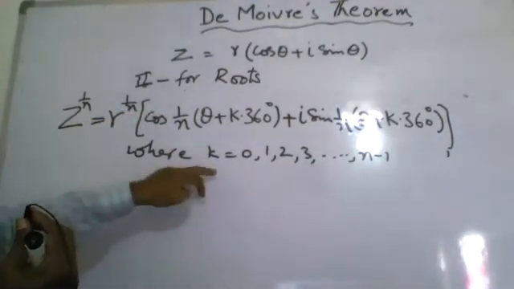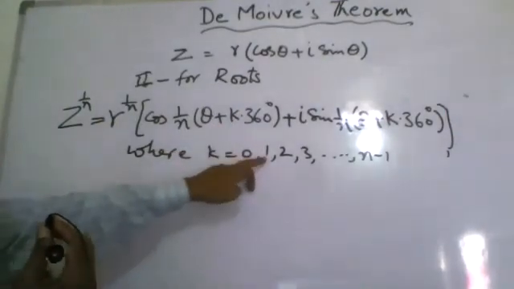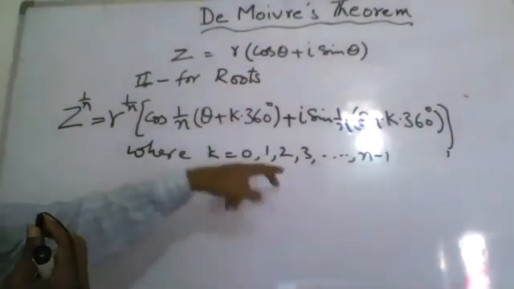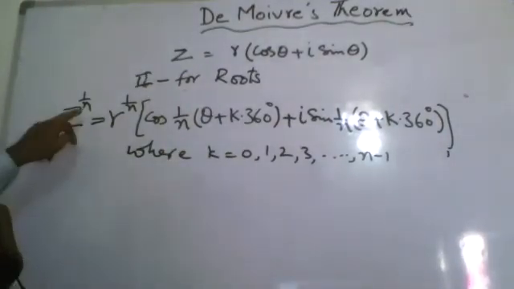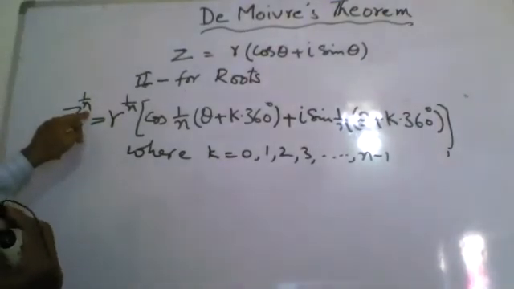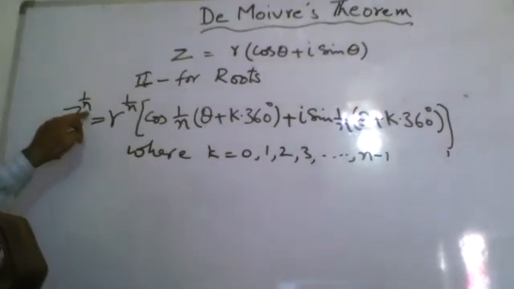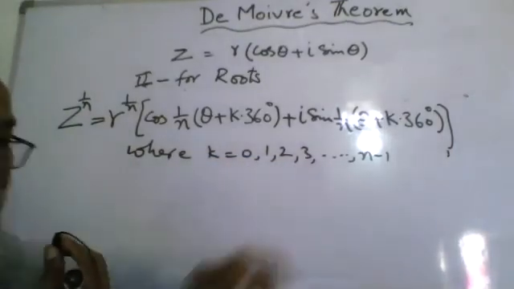First we put k equal to 0, we get one answer, then we put k equal to 1, we will get another answer. If it is cube root, so n will become 3, so we will get three answers, 0, 1 and 2, up to n minus 1.